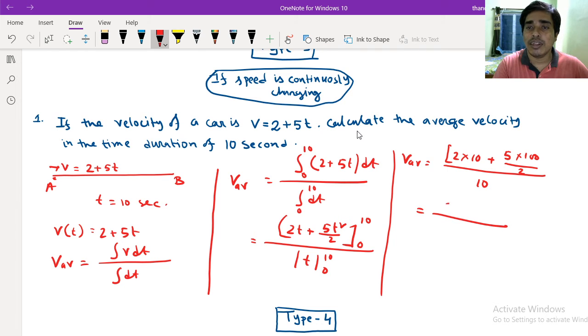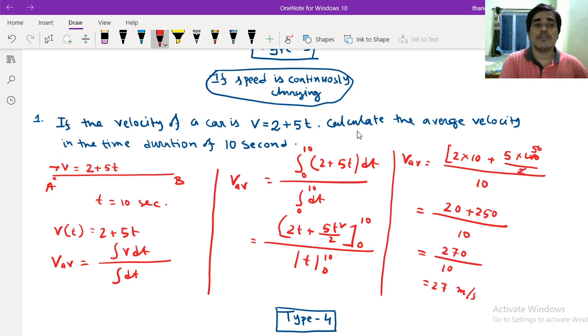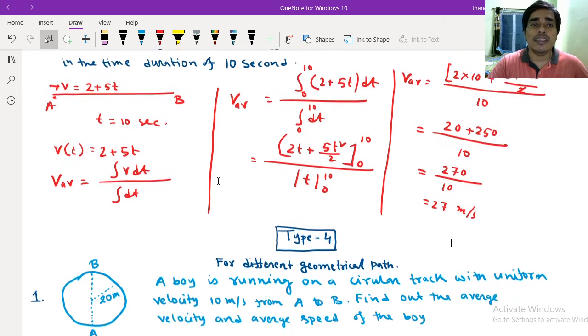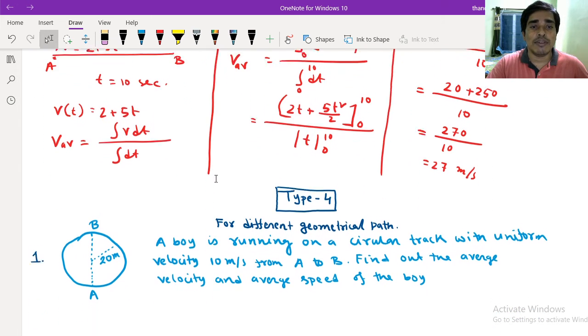So it will be 20 plus 250, that is 270, divided by 10, that means 27 meter per second. So the average velocity will be 27 meter per second. If the velocity is changed continuously, then in this way you can calculate the average velocity.